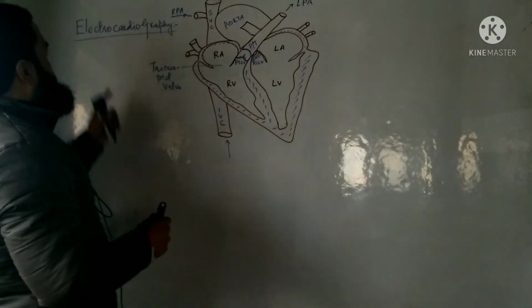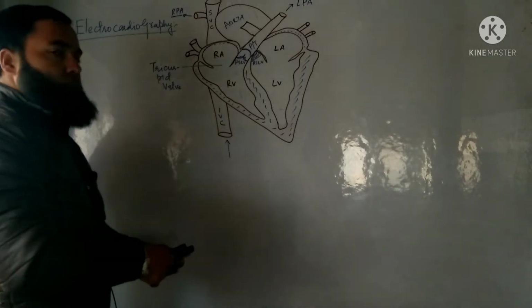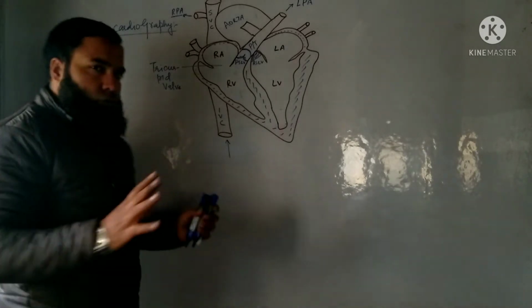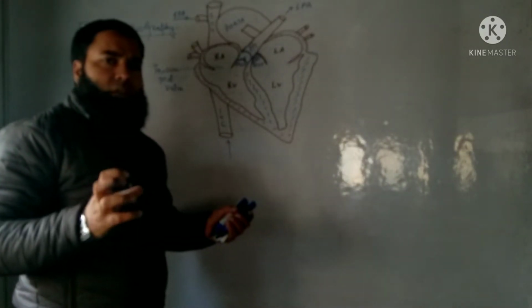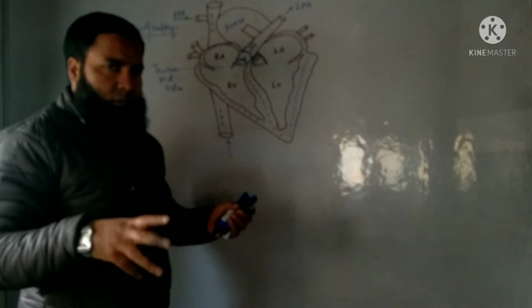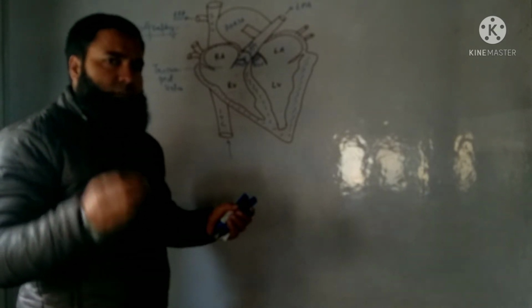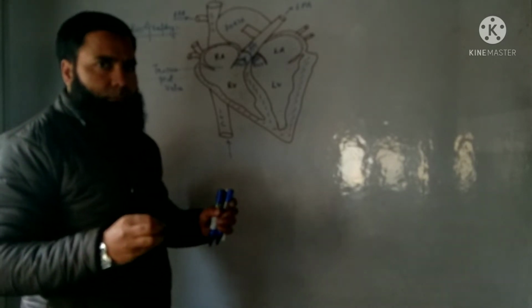Now, what actually is electrocardiography? I'll define it. Electrocardiography is the electrical currents which are generated in the heart, transmitted through the heart and spread to all parts of the body.